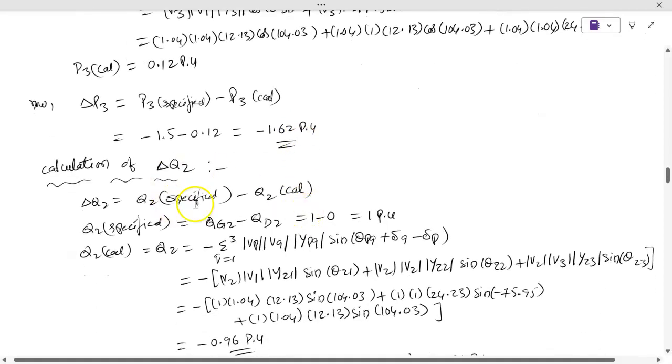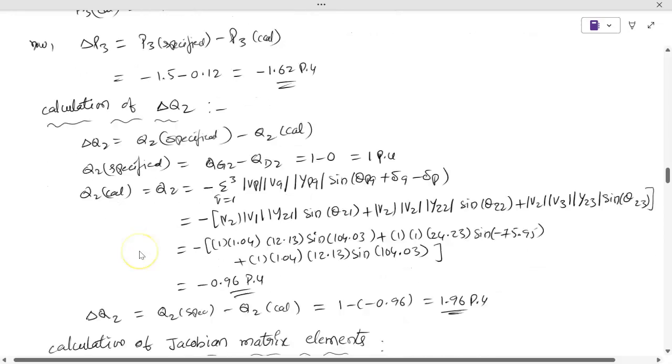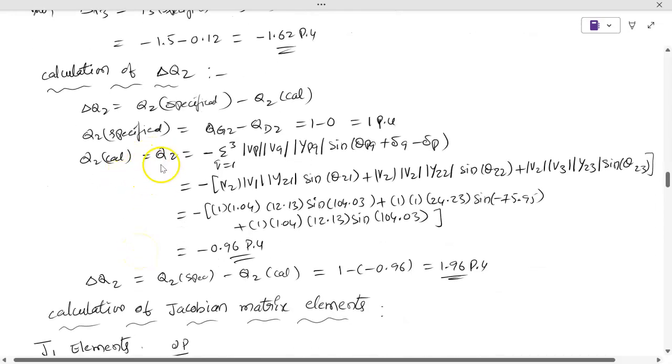Similarly, delta Q2 is Q2 specified minus Q2 calculated. Q2 specified is generation minus demand, QG2 minus QD2. That means for the second bus we have both values of Q, generation and demand, 1 minus 0, that is 1. For Q2 calculated, the P value is 2 and Q value 1 to 3, that is 1, 2, 3.